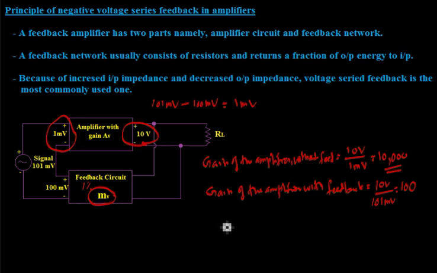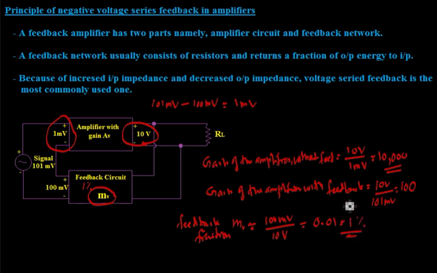So here the fraction of the output voltage fed back, which is called the feedback fraction, mV, is equal to the feedback voltage, that is 100 millivolt, divided by the output voltage, that is 10 volt, which is equal to 0.01, that is 1%.